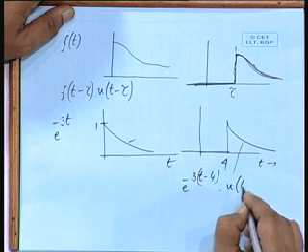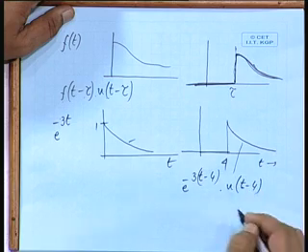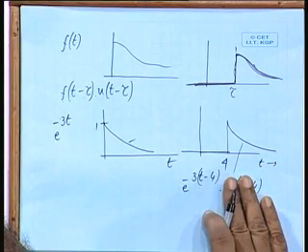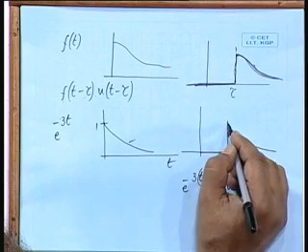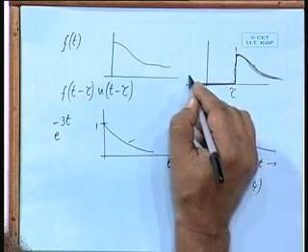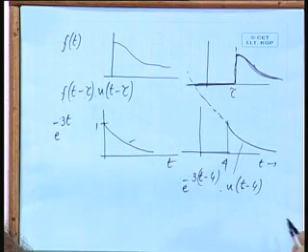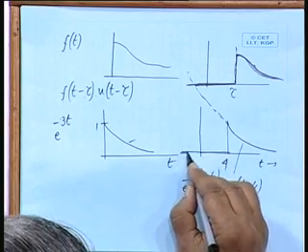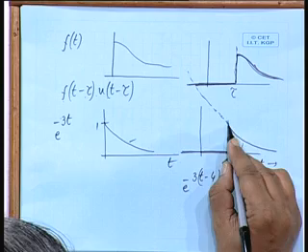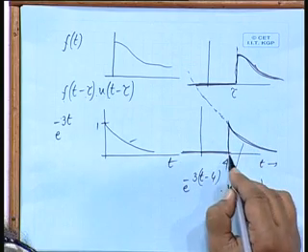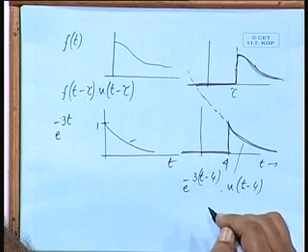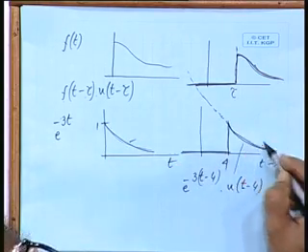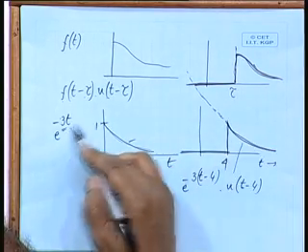u t minus 4. Now, can you tell me, if I do not write this, what kind of function will it be? If I do not write this function, this also has a value here, is it not? So, my interest is to express this function which starts only after t equal to 4, but which is having an exponential decay rate given by this e to the power minus 3 t.